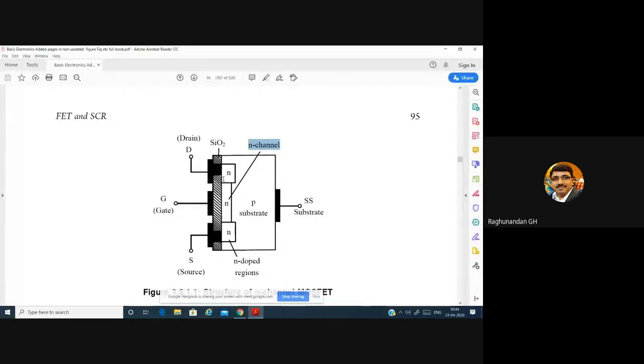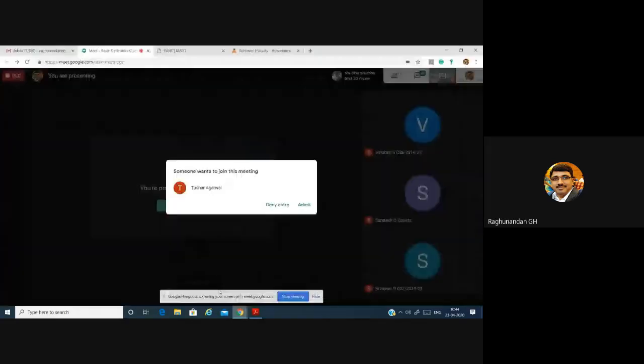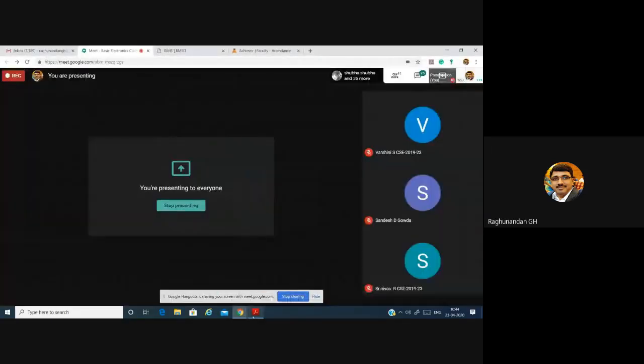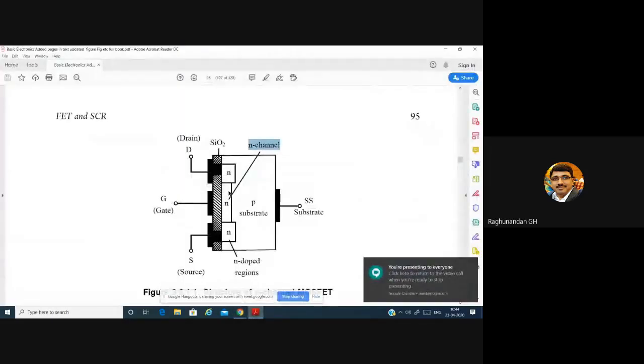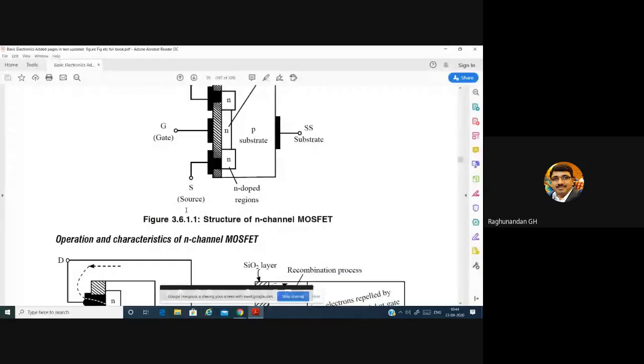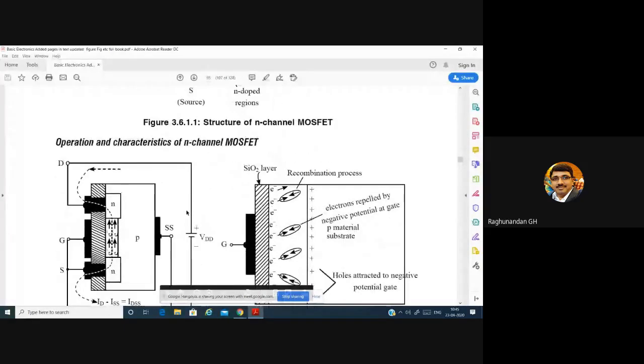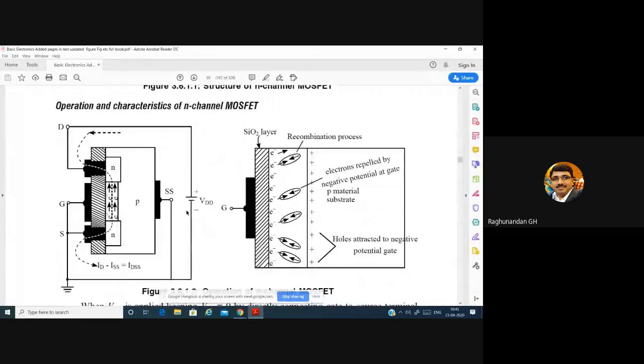So now, this is the construction. After the construction, we'll go for operation. How will it operate? See, in the initial case, we will short the gate and the source to the ground.